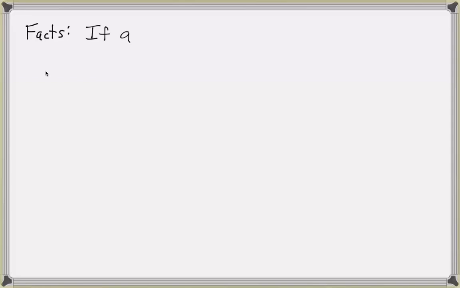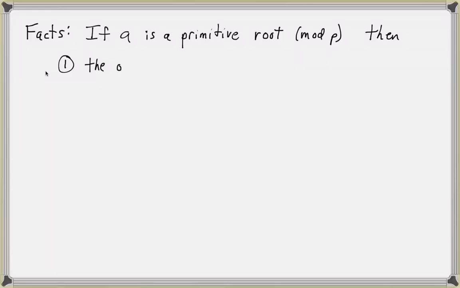So if a is a primitive root mod p, then 1, we know that the order of a mod p is phi of p, which is p minus 1.